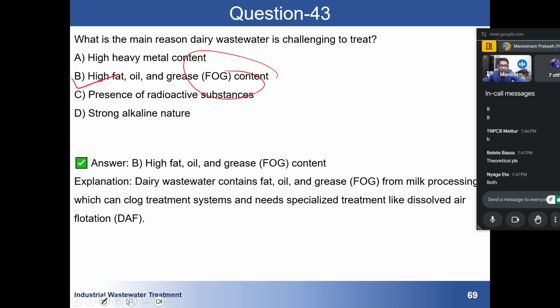I also realized that this time I added 43 questions, out of which 35 were repeated questions, so only 5 were numerical questions. The problem with numerical questions is that I asked you to solve them, but I saw that only one person was solving it. That's good, but from next time onward, if I give a numerical question, everyone should try to solve it.